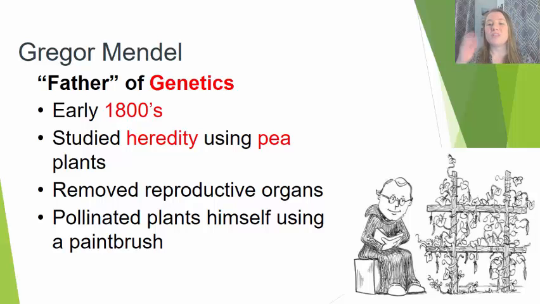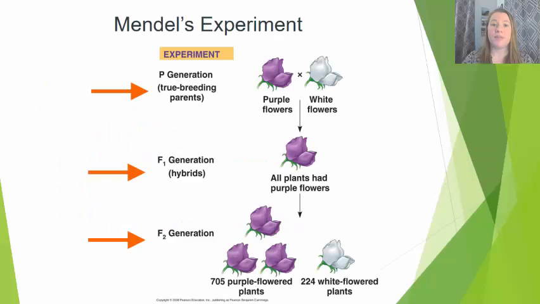So what he did was he cut off the reproductive organs of the flower, which would be the part that releases out the pollen, and he instead pollinated these plants by hand, which means he could control which plant mated or pollinated with the other plant. So he could control which characteristics the parent generation had and observe what would happen in the offspring.